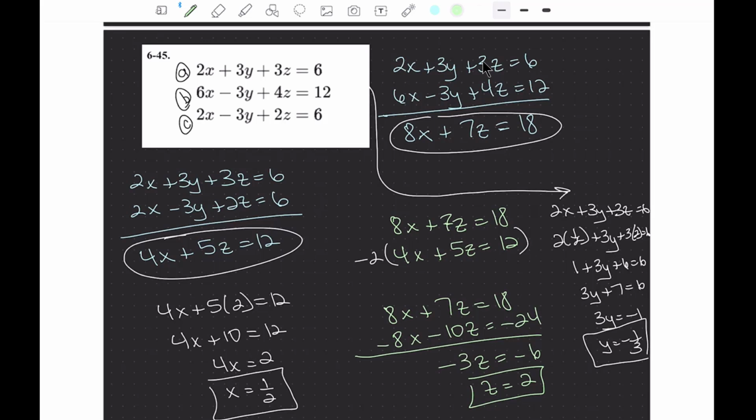So we just got to put it in order of x, y, z. Right? So my x is 1/2, my y is -1/3, and my z is 2. And that there is our final answer.